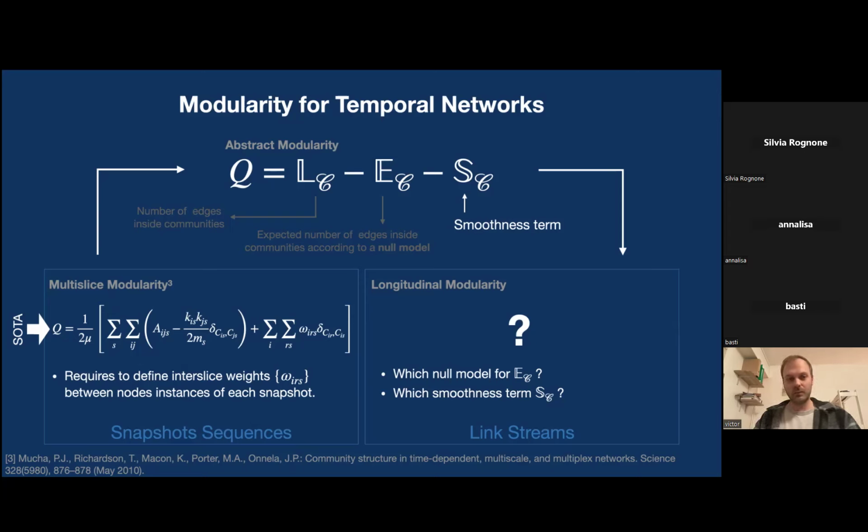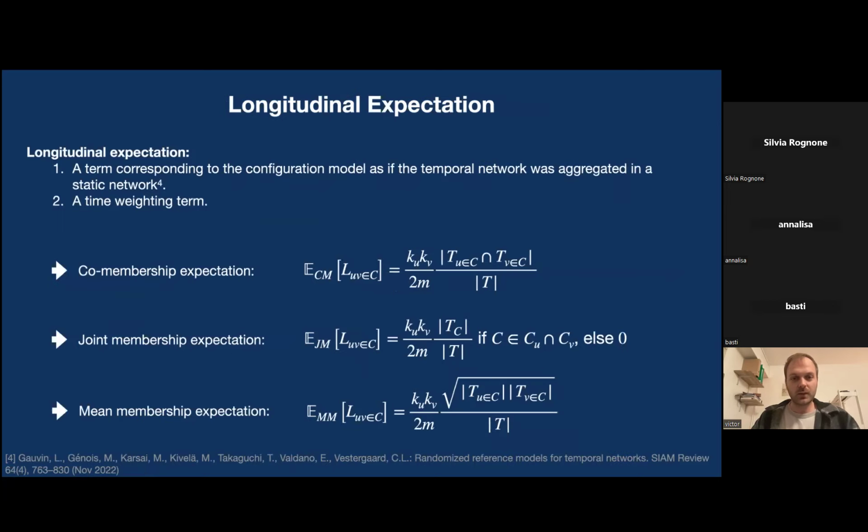And the smoothness term in the multi-slice modularity is the term that depends on the interslice edges. So now we want to adapt this abstract modularity for link streams. So it means that we need to find a null model for the expectation part, and we also need to find a smoothness term. So that's the challenge now.